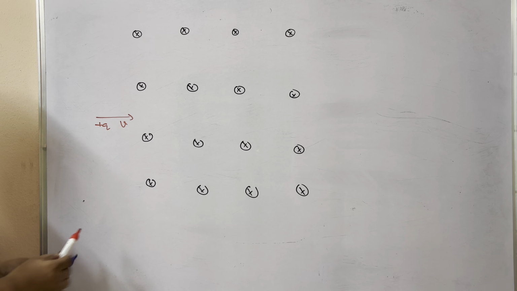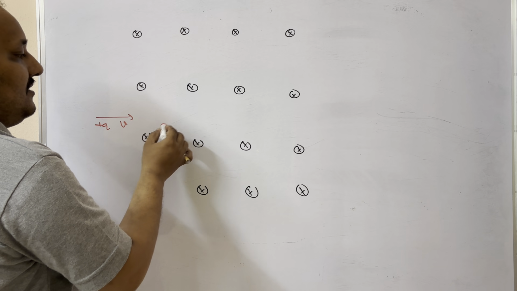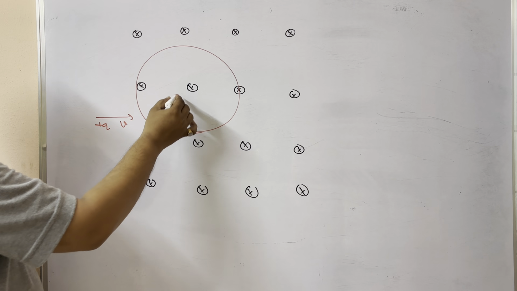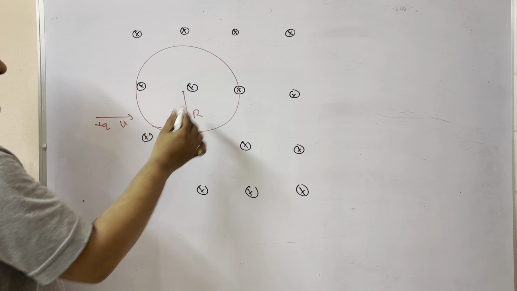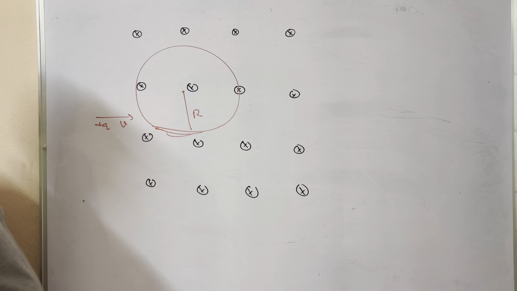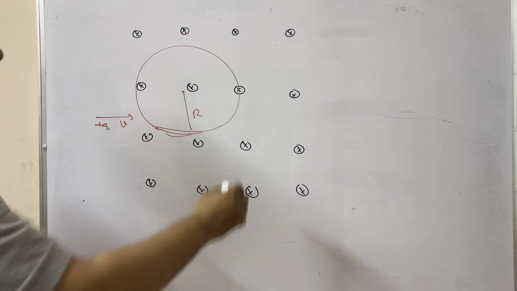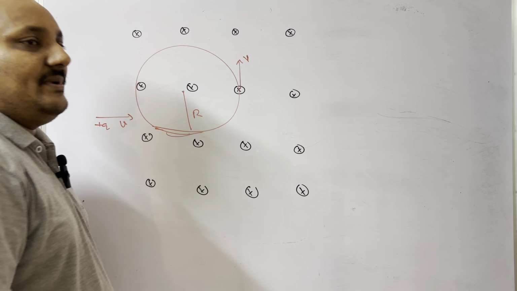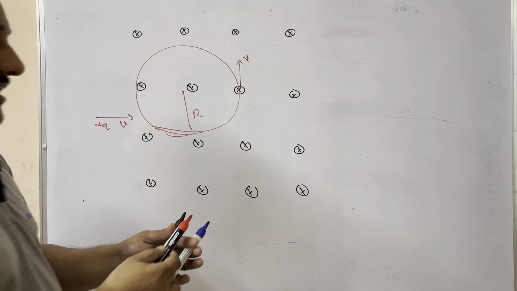Then the path followed by this charge is going to be circular. Therefore, we are drawing the circular path like this. Then what is the radius of the circular path, how much velocity, and how much time it is going to take, the time period. So many things they are going to ask. We will see all those.